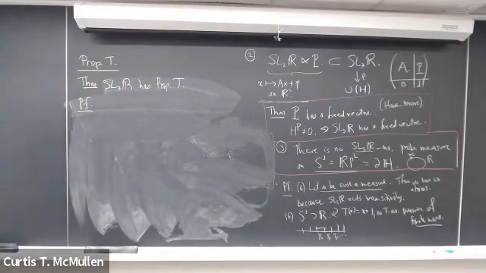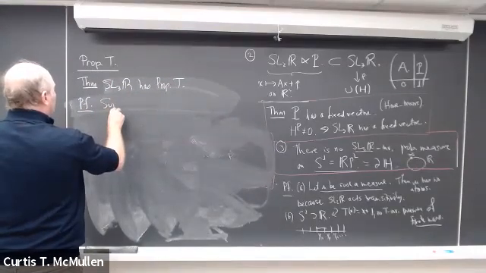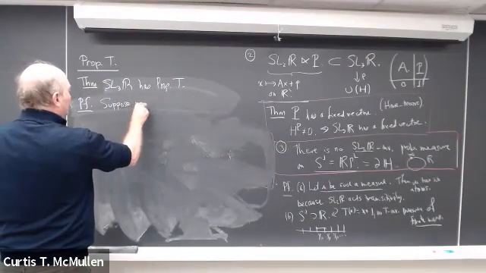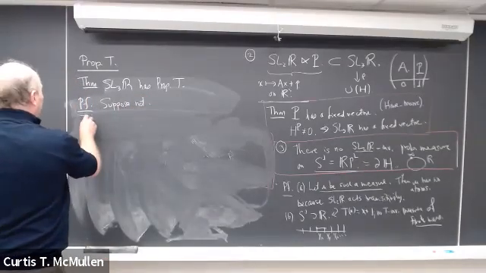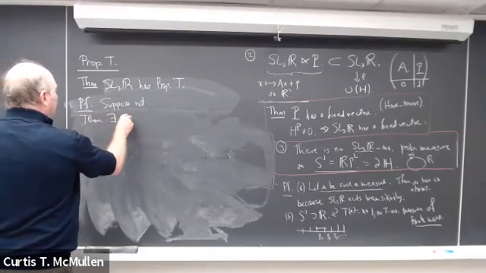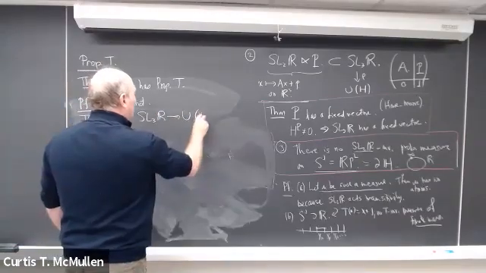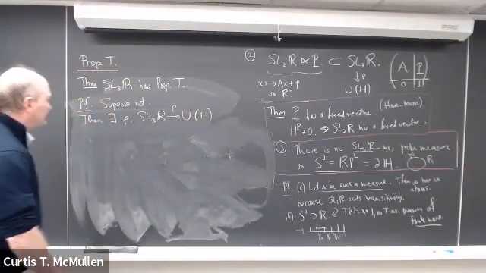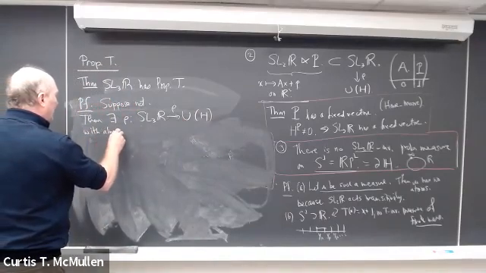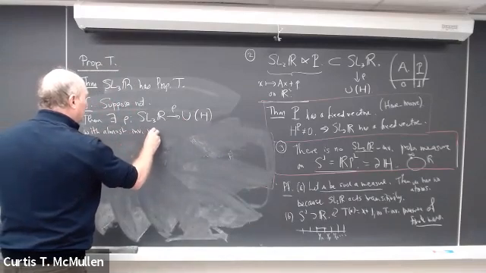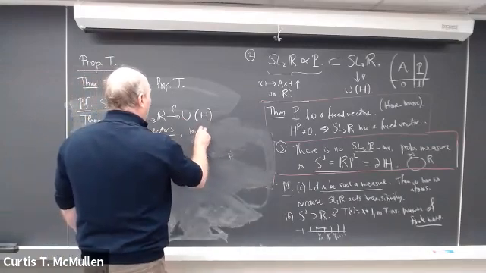Okay, so we suppose not. So what does it mean to not have property T? It means that there exists a representation of SL3R into the unitary group of some Hilbert space H with almost invariant vectors but no invariant vectors.